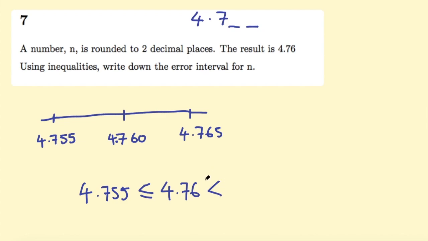And here I'm going to use just a less than symbol, because it can't equal 4.765, but it can be anything less than that. So my error interval looks just like this, and that's all you need to do to answer this question, finding the lower and upper bounds for this error interval.